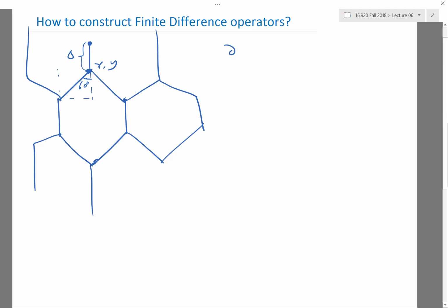Let's say you want to compute the derivative of w in x at this point. The stencil you want to use is w at the center, w up, w left, w right.